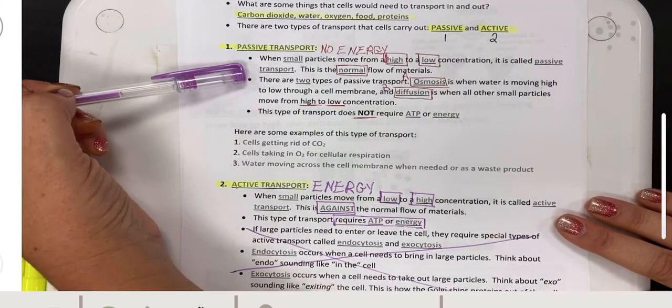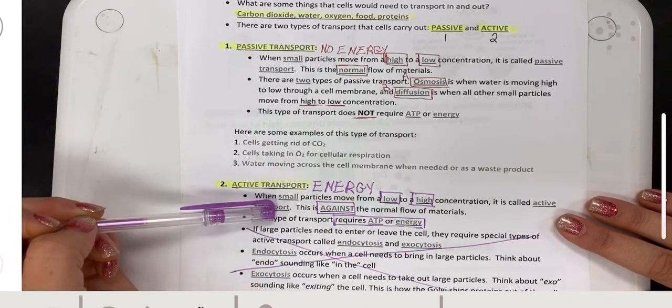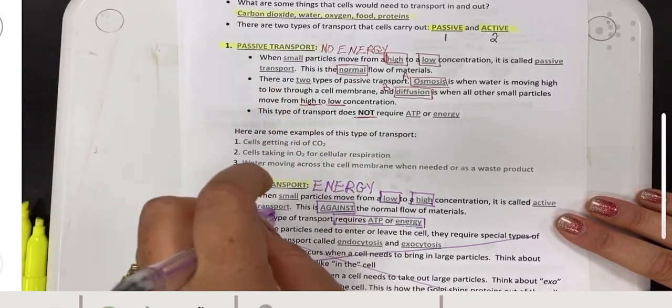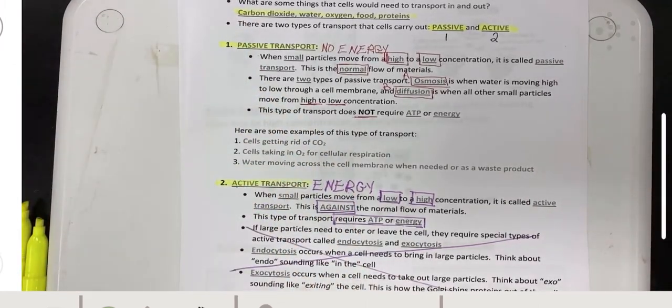Passive goes with the flow, active goes against the flow. Passive moves from high to low concentration, active moves from low to high concentration. In other words, if there was 100 people in your house and you came home and I said you have to go in, I would maybe have to force some of you to go in, okay?